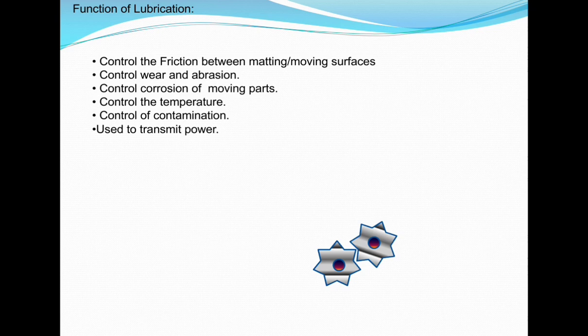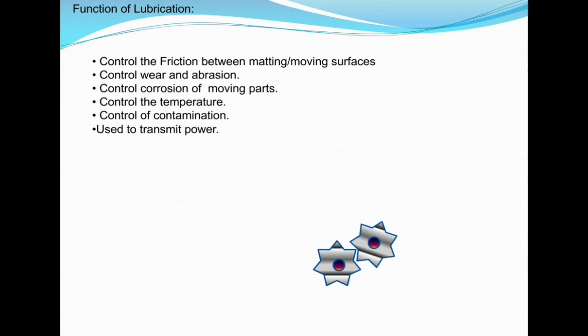It controls the corrosion of the moving part, because where the lubrication flows, there is a reduced chance of water contamination, which helps to prevent corrosion. It also controls the temperature, because the lubricant takes the temperature of the mating parts.